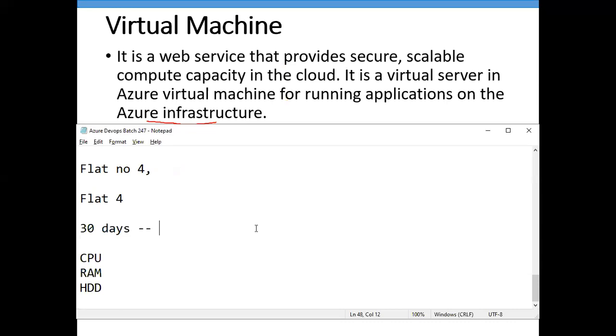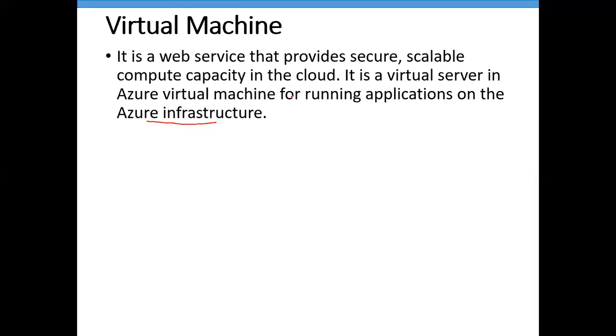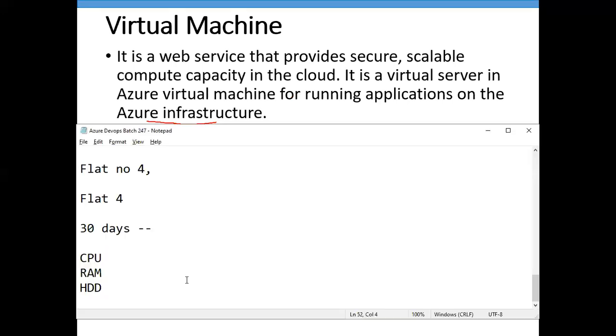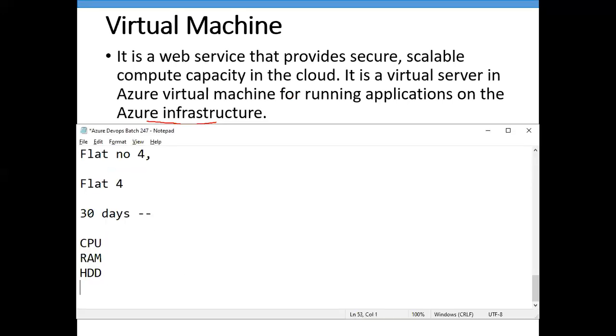Same thing in Azure also. Whenever we want to create a virtual machine, we need to select these three things. Without these three things, it is impossible to create a virtual machine. And one more thing we are checking is the operating system.